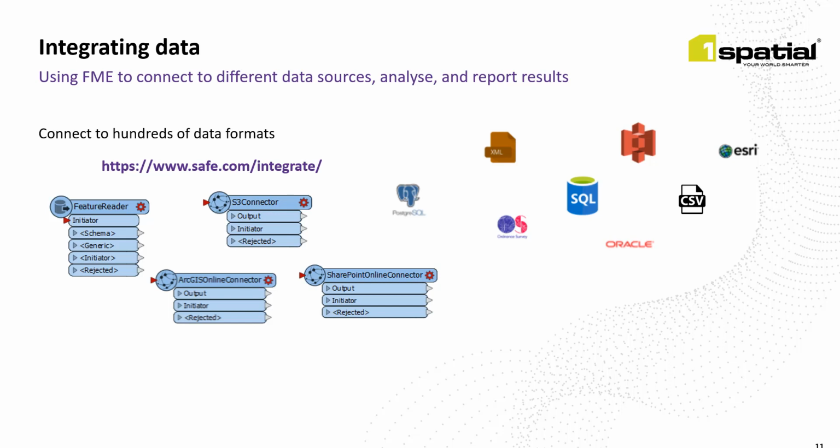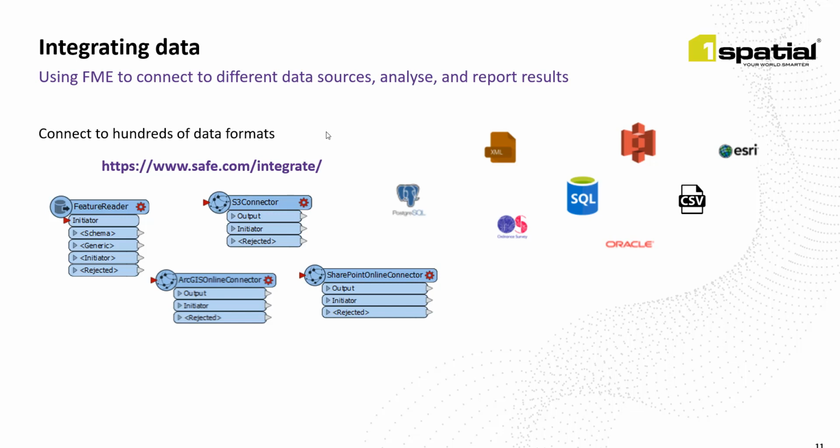So the main pointers really, FME supports over 400 formats and it's growing all the time. So check out safe.com/integrate to see all of the supported formats. You can use the feature reader transformer in your workflows, like I showed, to access any of those formats.